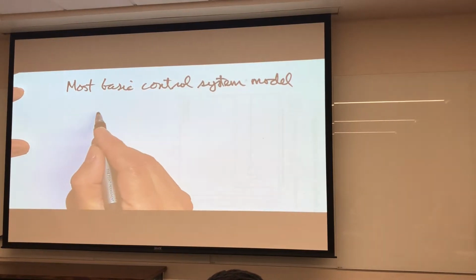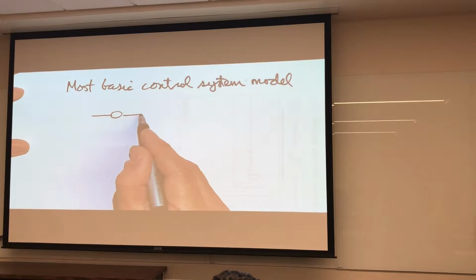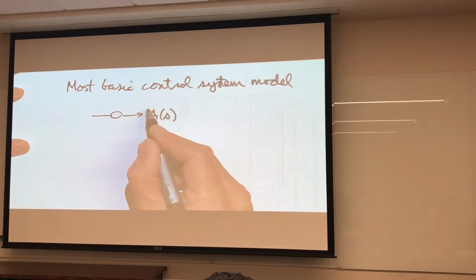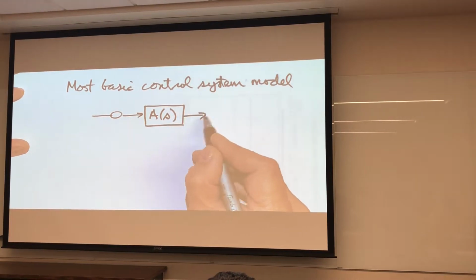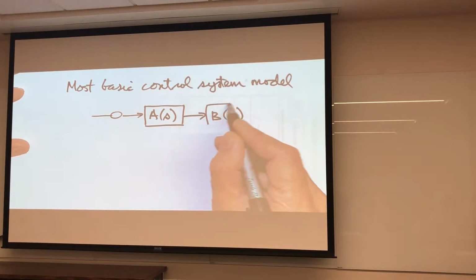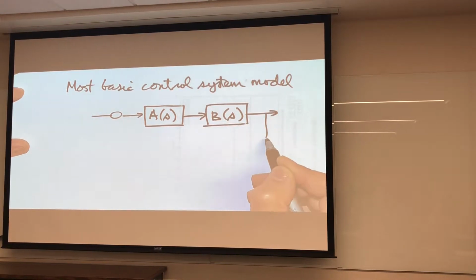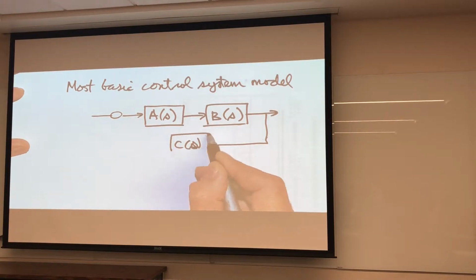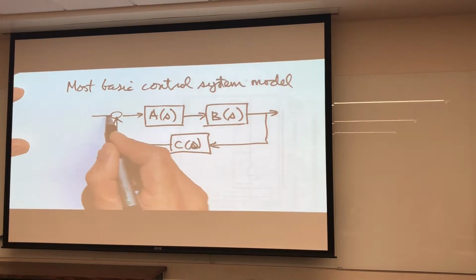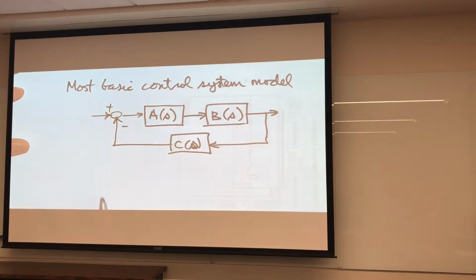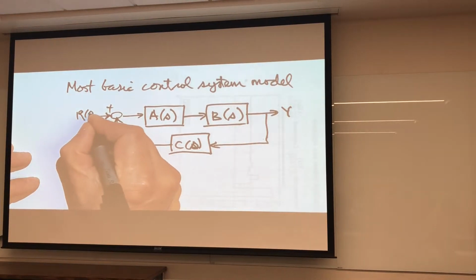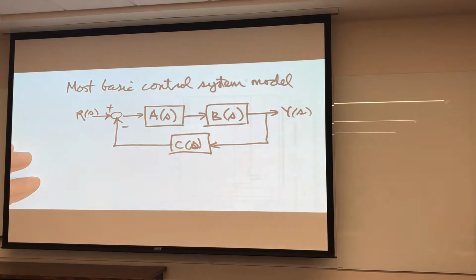But the most basic model might look something like this. All the variables, they're all variables in s, like so, okay?